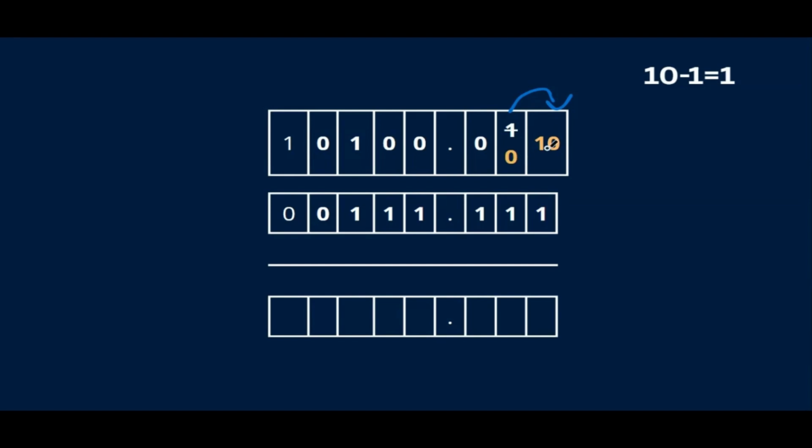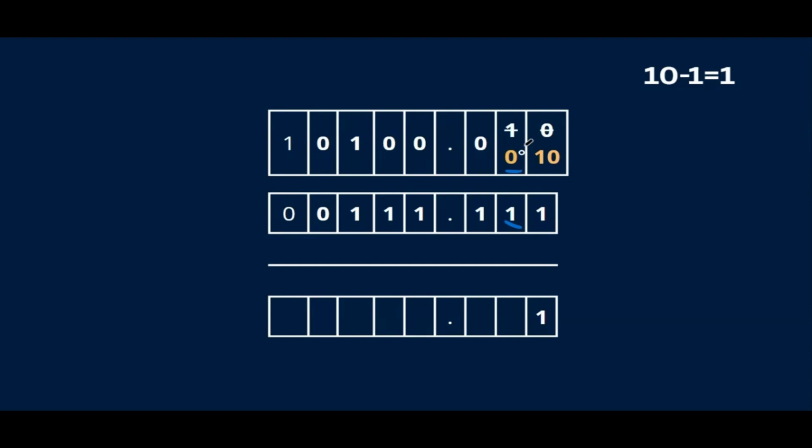Now, here we perform 10 minus 1. 10 minus 1 is equal to 1. We get a 1 here. You have already seen that 10 minus 1 is equal to 1. The next step, we try to subtract 0 minus 1.